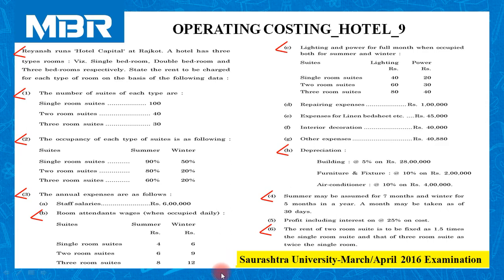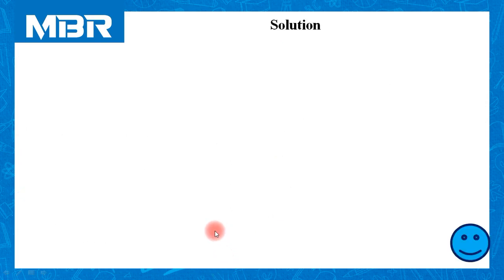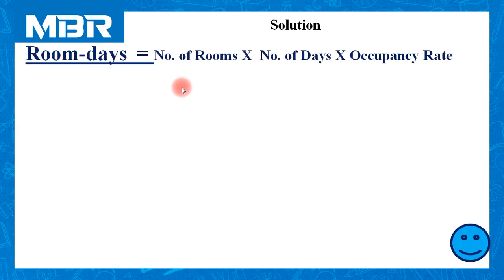Let us move to the first part of our solution. The first part of our solution is all about room days: number of rooms multiplied by number of days multiplied by occupancy rate. But in this equation, we need to calculate room days with utmost care.